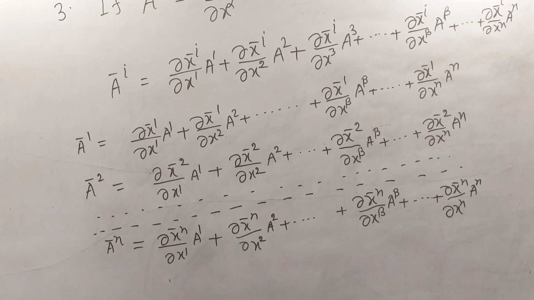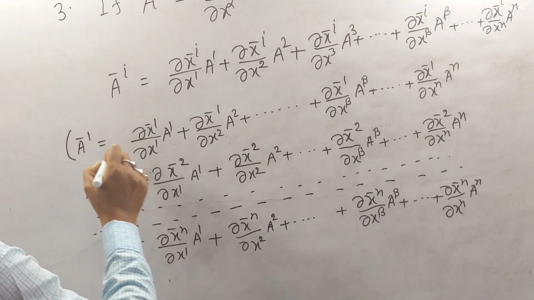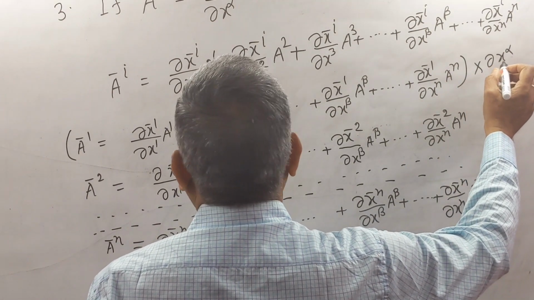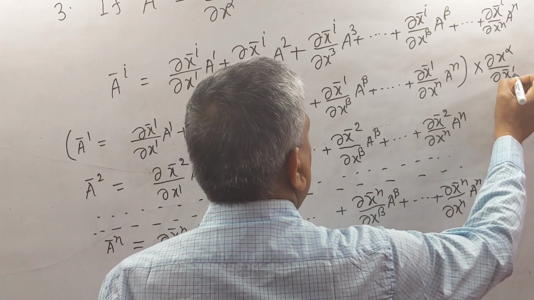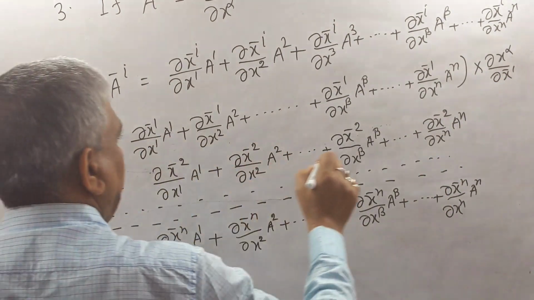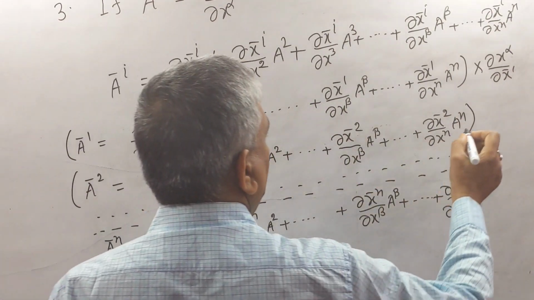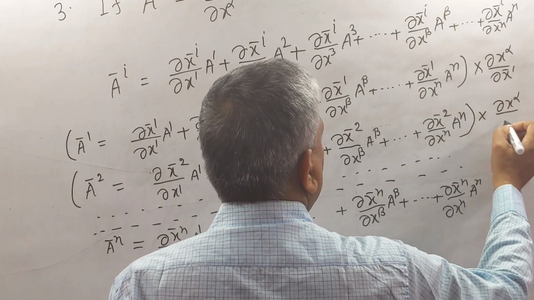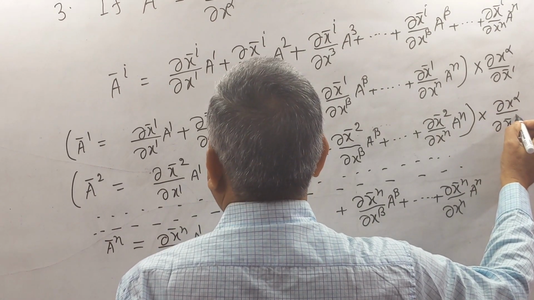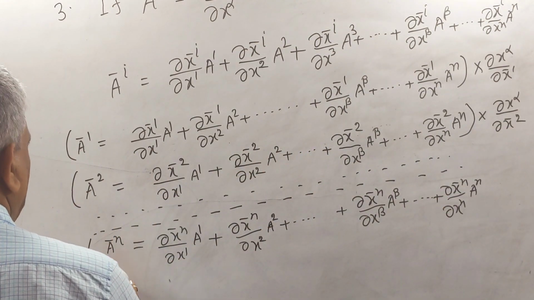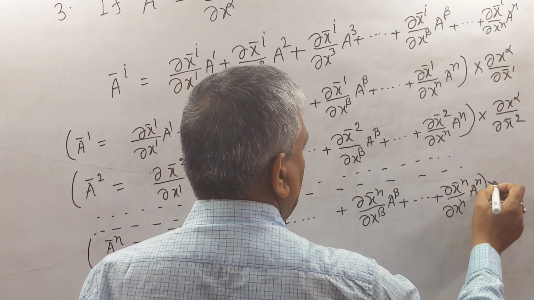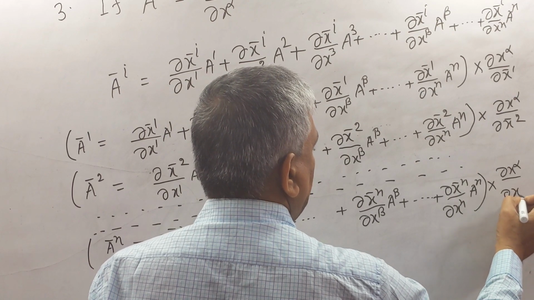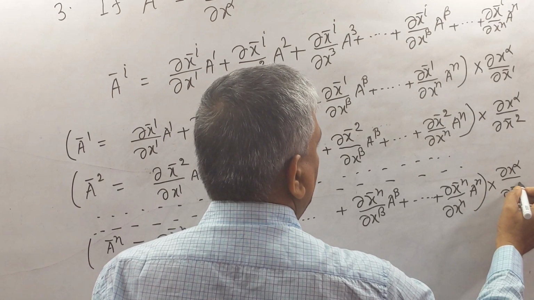Now multiplying the first equation by del x alpha by del x bar 1, the second equation by del x alpha by del x bar 2, and so on, the last equation by del x alpha by del x bar n.